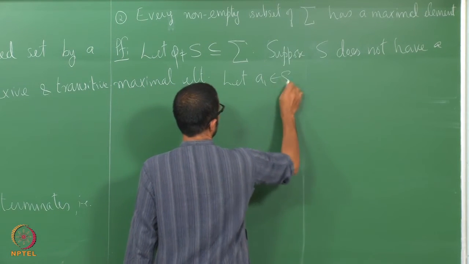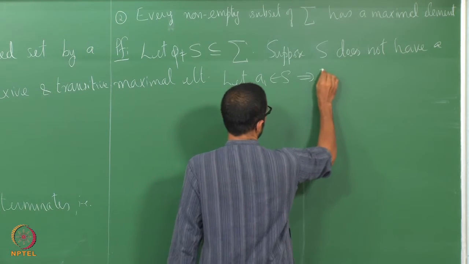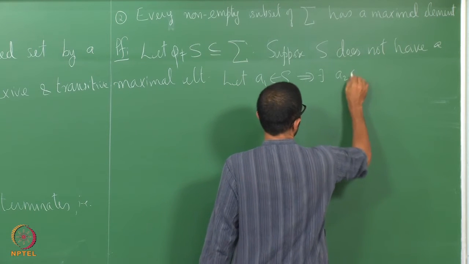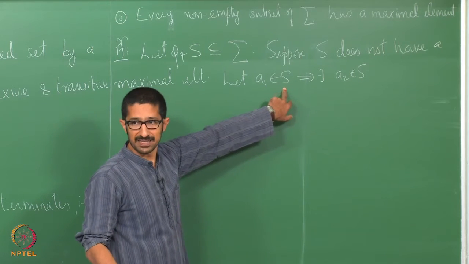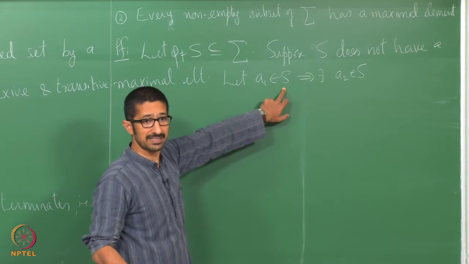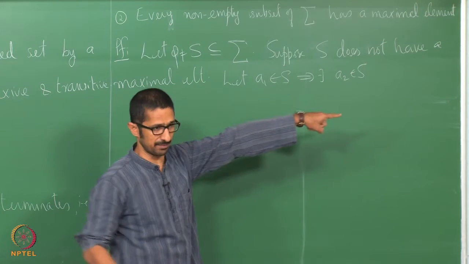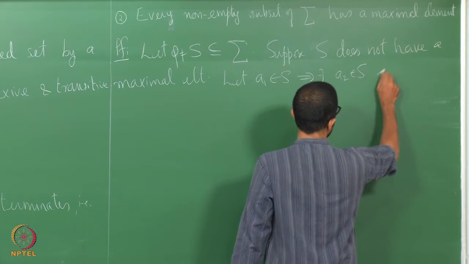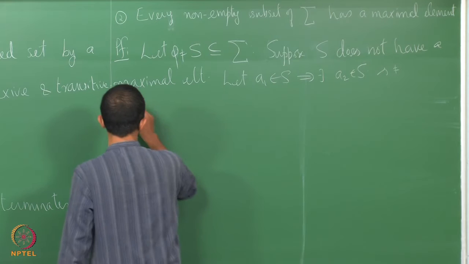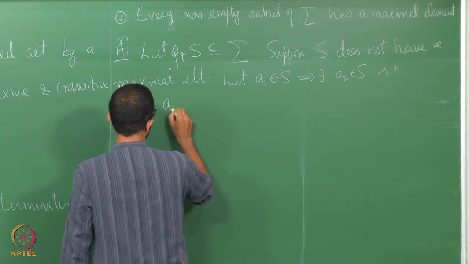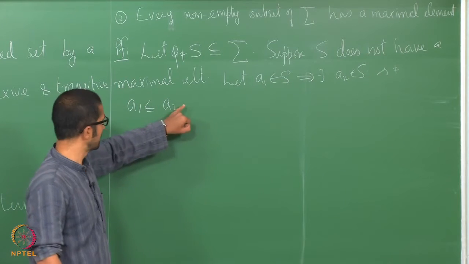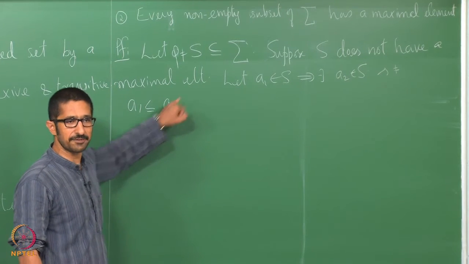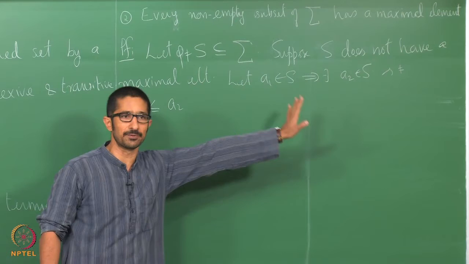Let A1 be in S, this implies there exists A2 in S. A1 in S cannot be a maximal element. How can it not be a maximal element? There exists something bigger than that. There exists A2 in S such that A1 is less than or equal to A2, and then I keep saying this, A2 is not a maximal element, therefore, there exists something bigger than that, and keep going.